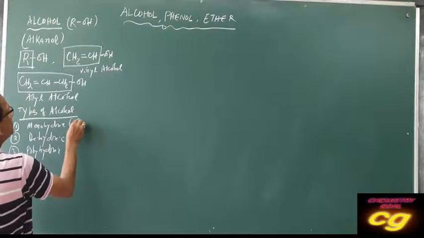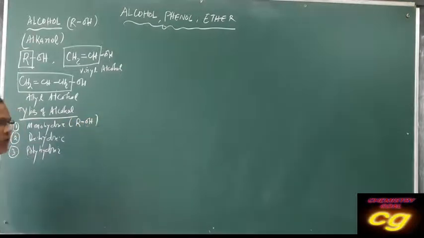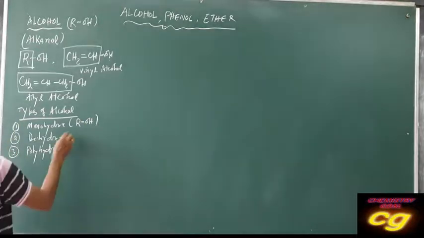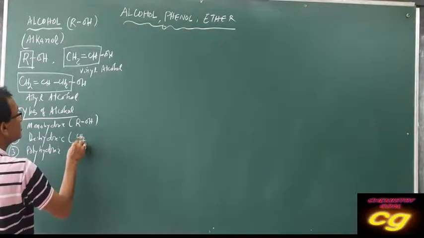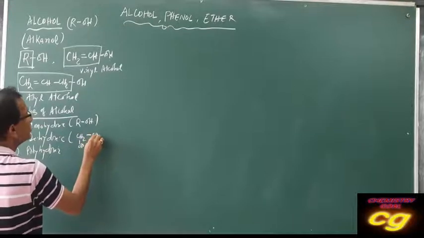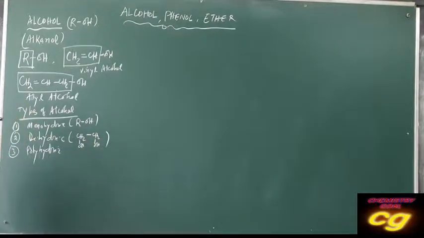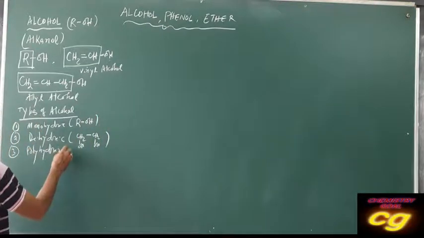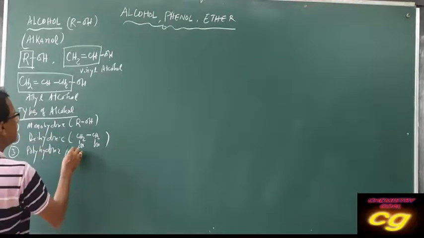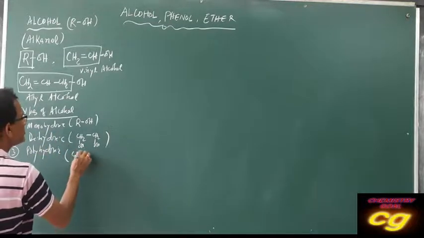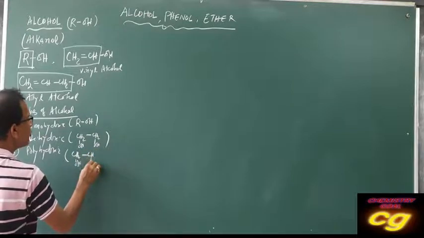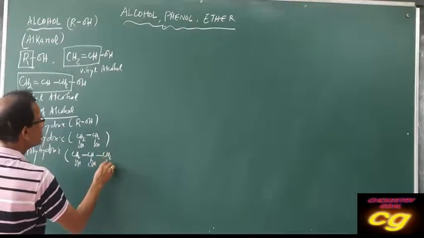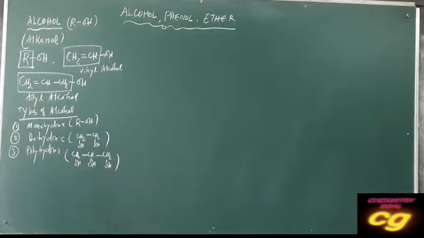The monohydric alcohol formula is ROH. Dihydric, for example, CH2OH, CH2OH, contains two OH groups. Polyhydric may have 3 OH groups, 4 OH groups, like this. More than 2 OH groups is called polyhydric, for example CH2OH, CHOH, CH2OH.